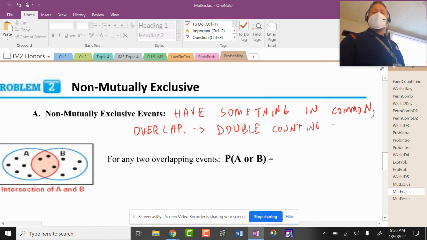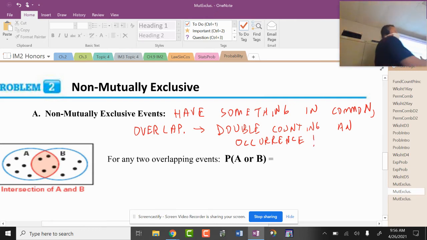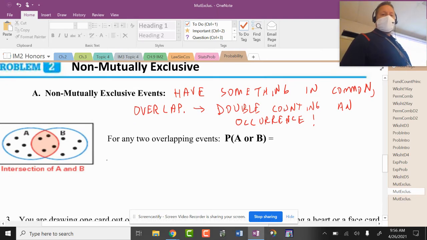I love saying that, and it probably won't make sense until we actually see this, unless you use the formula correctly. So if you don't think about the overlapping event, you're double counting a card. You're double counting an occurrence on the dice, and you've got to account for that and take care of it.